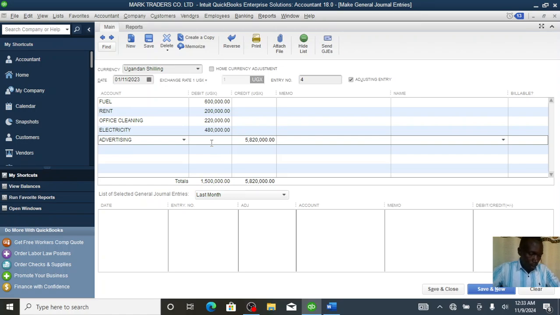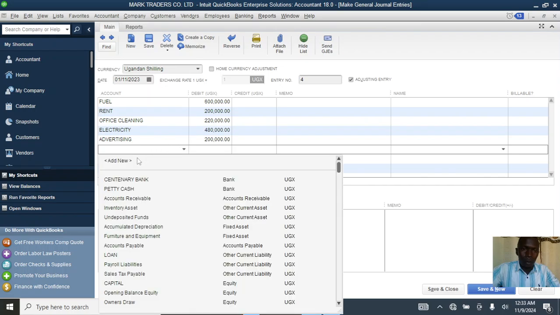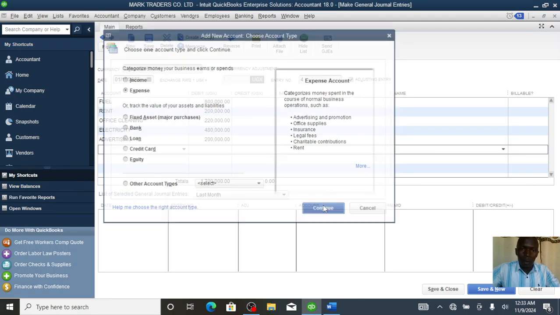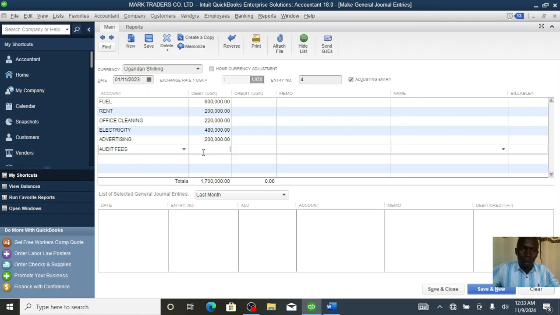The amount is 200,000. Go to expense. Audit fees. Save. The amount is 200.